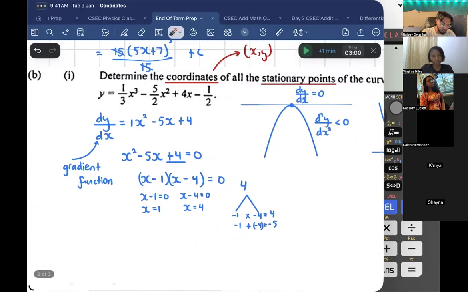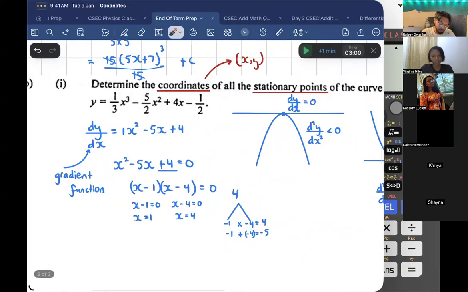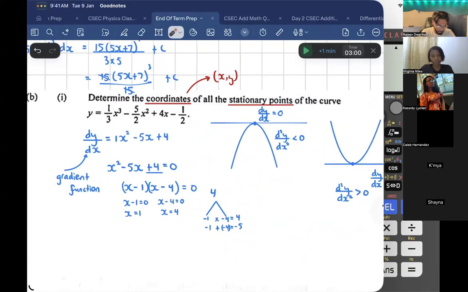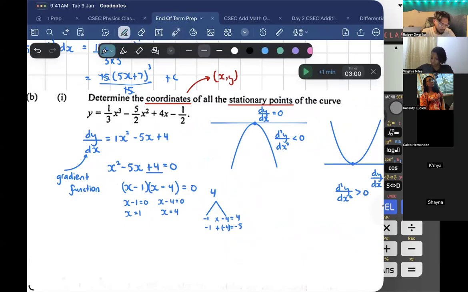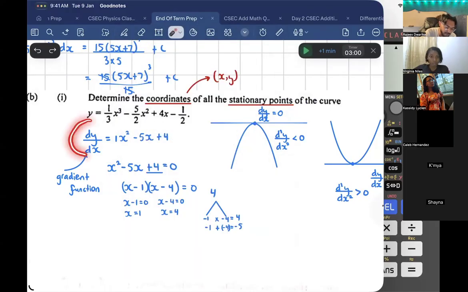Cool. So here you have x is equal to 1 and x is equal to 4. But do you think we're done? No, I need a y value. How are we going to get our y values? Put my x value in some function. Am I going to put it into this? No, the original thing. Will this give me y?